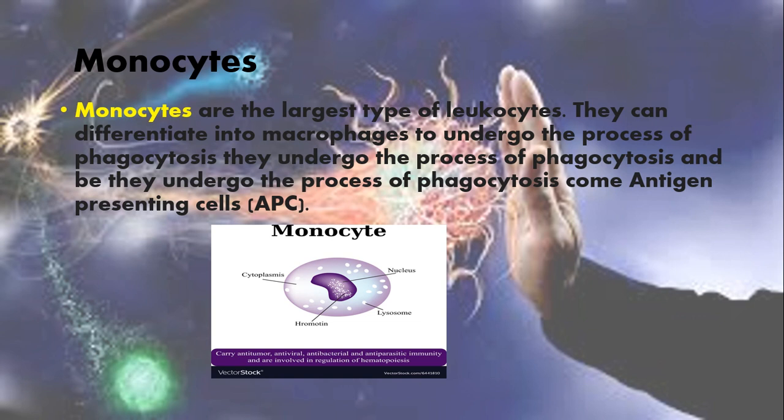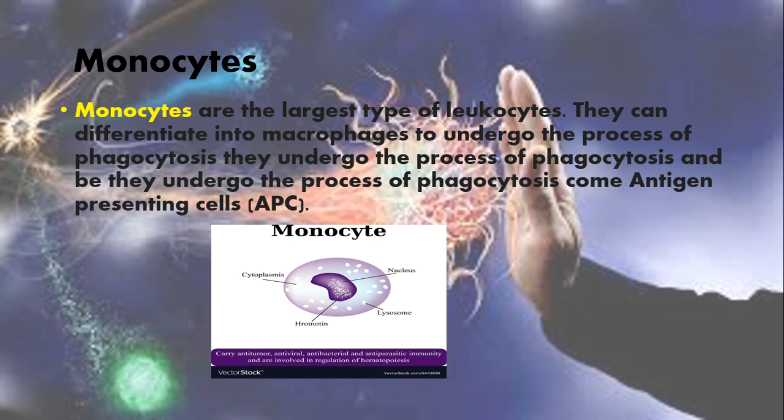Regarding the monocytes, as we said before, they have a very important property, which is the property of phagocytosis. But what makes the monocytes different from the granulocytes is that the phagocytosis of the granulocytes ends as soon as the pathogenic agent is digested.